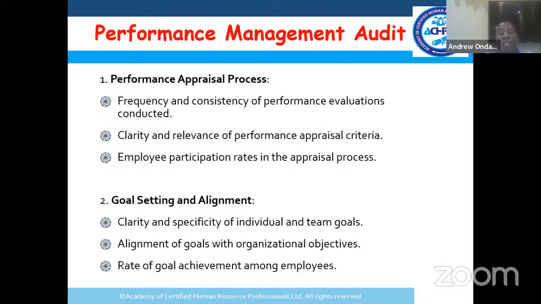achieved our targets. In public sector, they use broad terms like attained expectation, or above expectation, or below expectation. Within this, there are certain parameters that you'll be looking at.